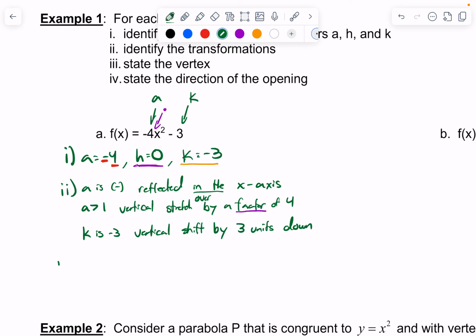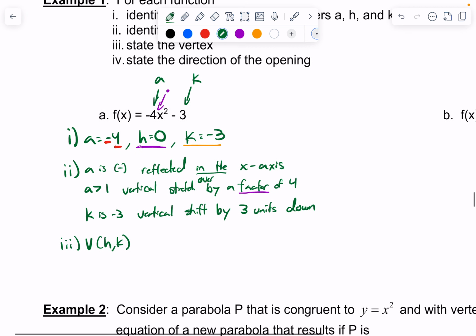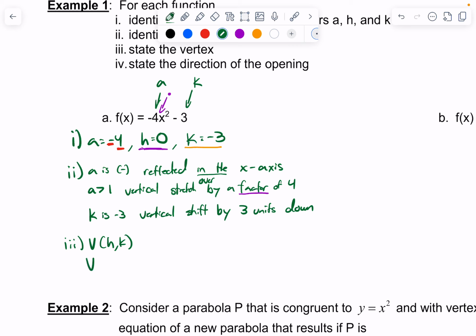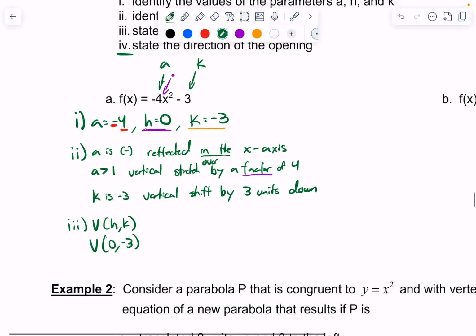Well, the vertex, part 3, the vertex is always at the point h and k. So in this case, we've already identified h is 0 and k is -3. So our vertex is at the point 0, -3. And then the last one, state the direction of opening. Well, we've talked about a reflection right here.